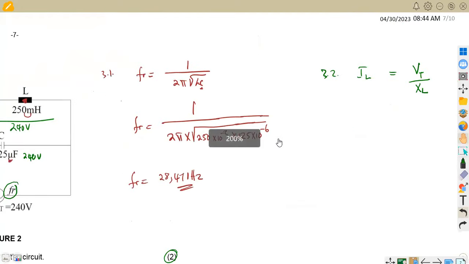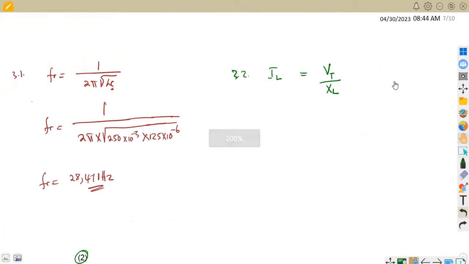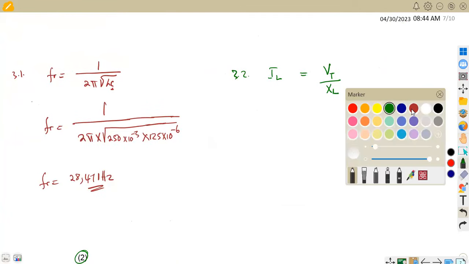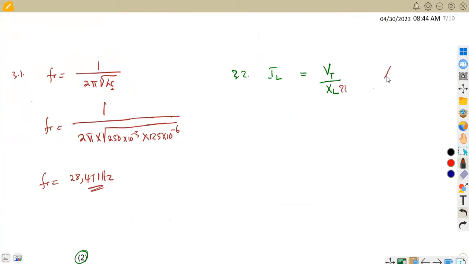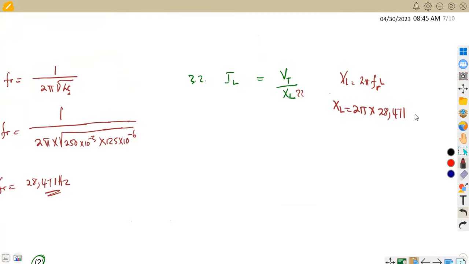Remember that XL, the inductive reactance, which we do not have here, can be calculated from XL equals 2 pi FL, where XL is 2 pi times the frequency, which is the resonant frequency since we are at resonance, 228.471, times our inductance L. Remember, L is 250 from the diagram, that is 250 times 10 to the power of -3.